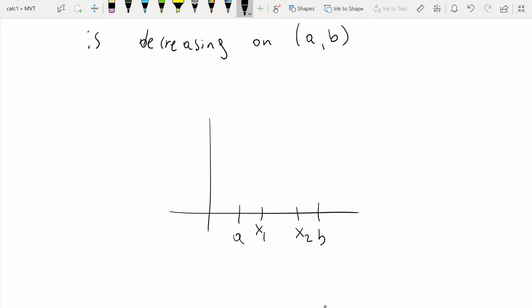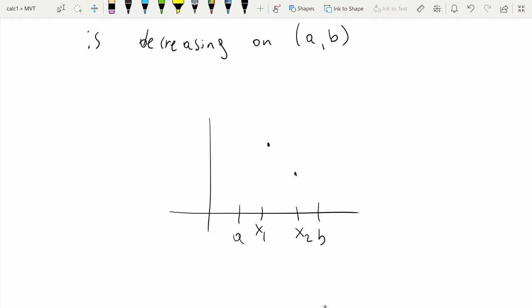If this were not the case, then we would have two points, x1 smaller than x2, such that f of x2 lies below f of x1. If not, the function is increasing. So whenever you move to the right, the function goes up, right? If not, then at some point something must have happened, it didn't go up, and you can find two points that go in the opposite direction.